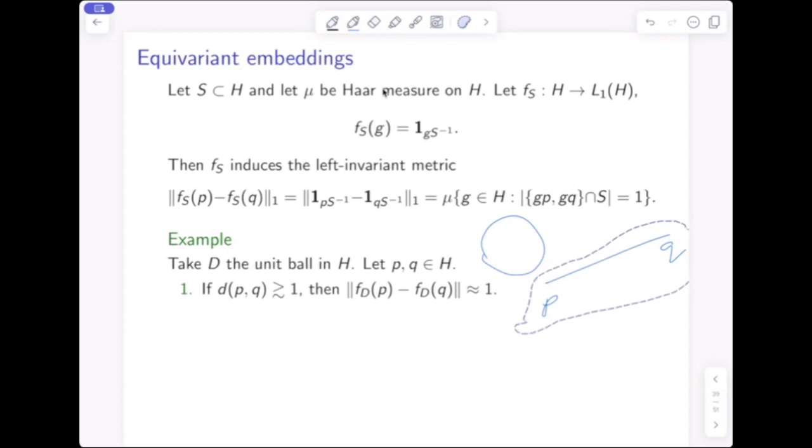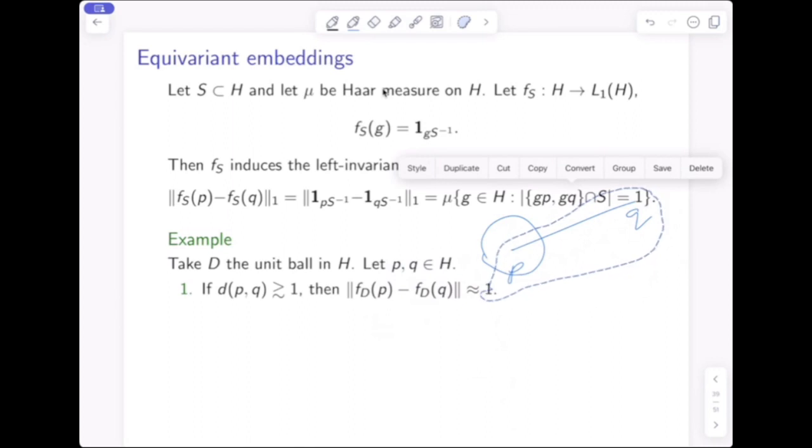Well, this formula tells me that that distance is the size of the set of G, the number of elements of the Heisenberg group, such that if I translate this segment by G, then one endpoint lands inside the set and one endpoint lands outside the set. It's going to count all of these elements where Q lands inside the set, but P doesn't. But it's going to ignore all of these elements where P and Q are both outside the set. We're just counting the elements where this segment crosses the boundary.